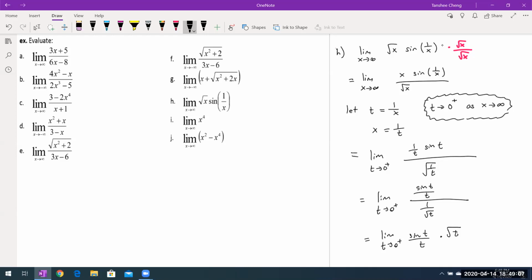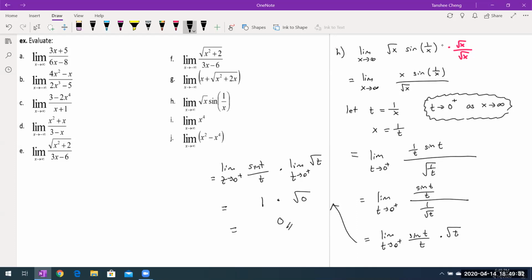Finally, this gives us the limit as t approaches 0 from the right of sine t over t, times the limit as t approaches 0 from the right of the square root of t. This limit is 1. This limit is the square root of 0, which is 0. And this will be my final answer.